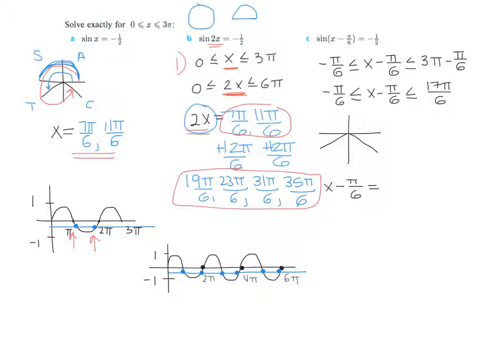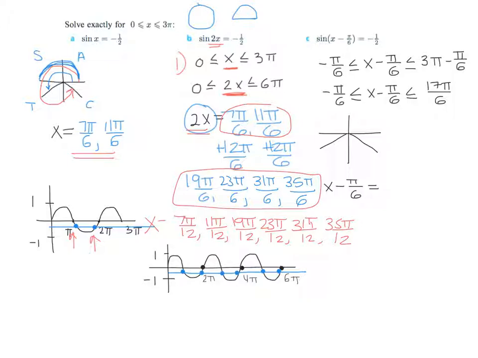In order to solve for x, we need to divide all of these 6 angles by 2. So your final answer will be 7 pi over 12, 11 pi over 12, 19 pi over 12, 23 pi over 12, 31 pi over 12, and lastly 35 pi over 12.